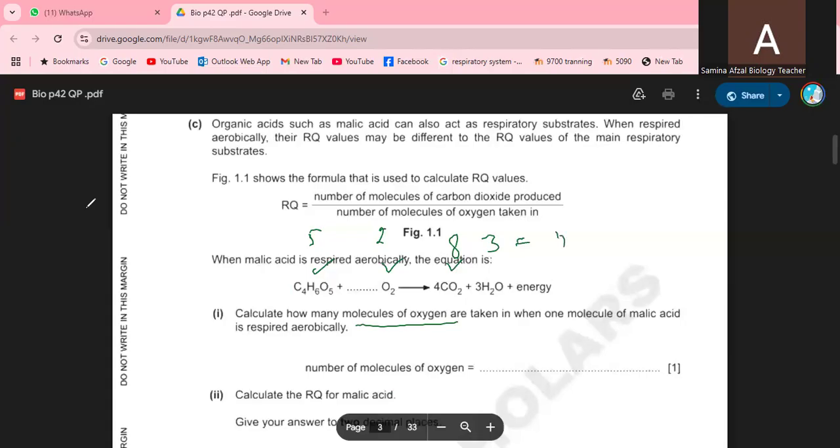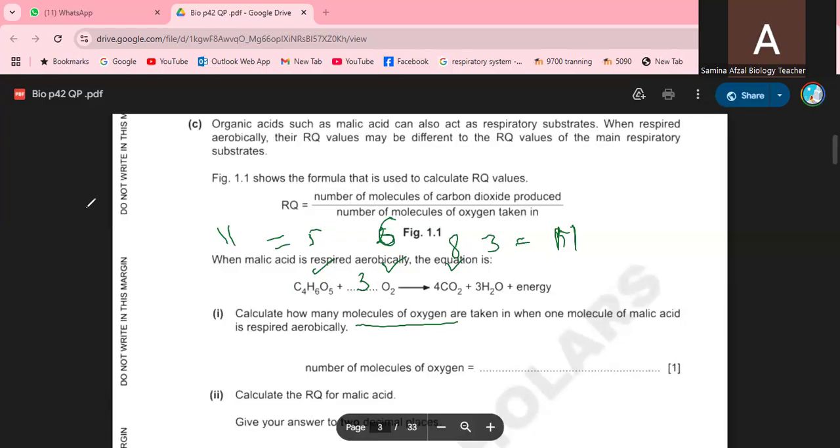To balance this equation, we need 11 on this side as well. If we write 3 over here, there will be 6 oxygen atoms, and in this way the equation will be balanced.